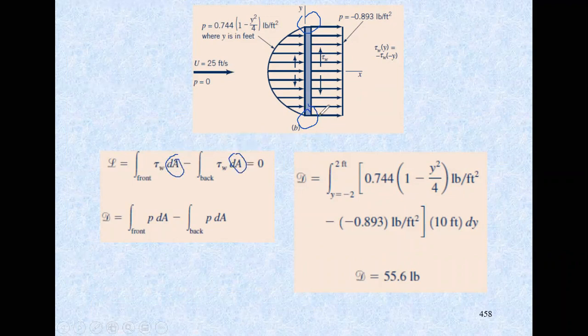If dA is equal to 0, then lift is equal to 0. Remember, we can also assume the same lift between the front and the back, and we have this one as 0.